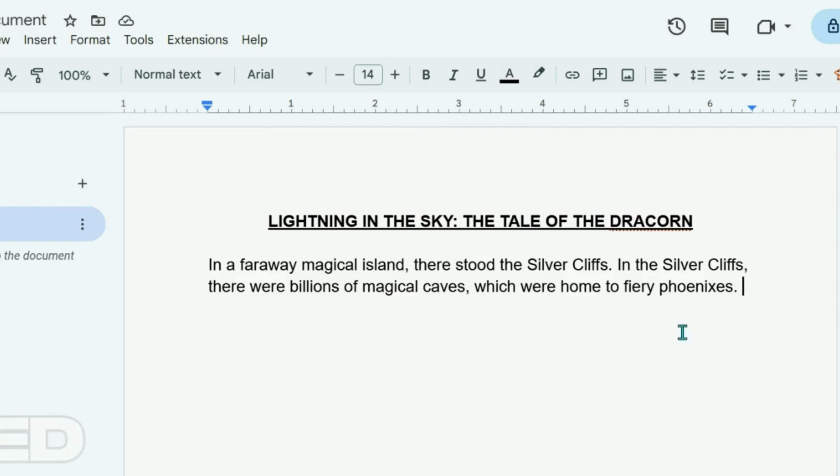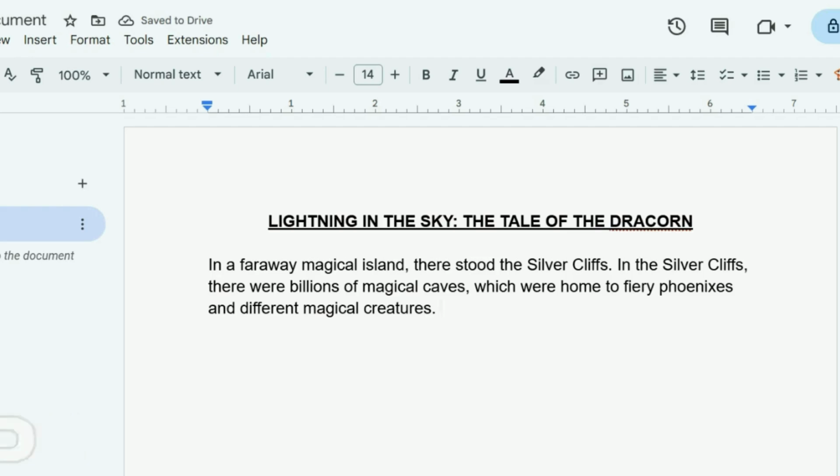Fiery phoenixes is an adjective, a nice one, because phoenixes go closely with fire. A creature that goes closely with fire, and different magical creatures. Okay, that looks good.